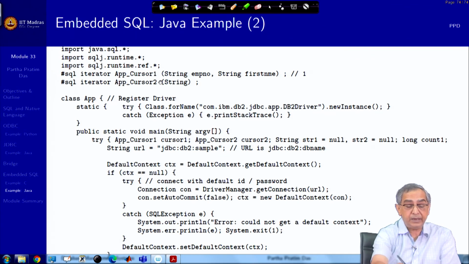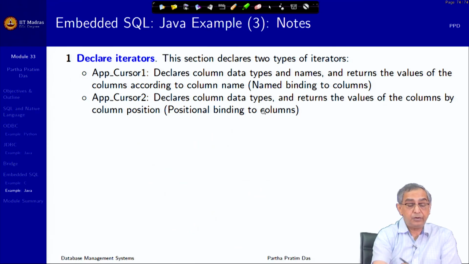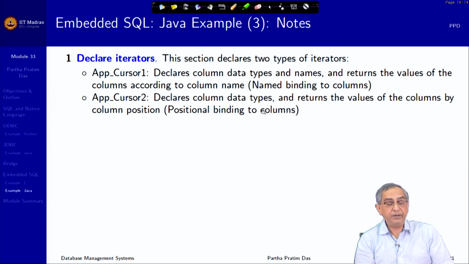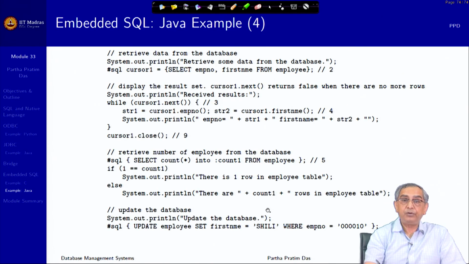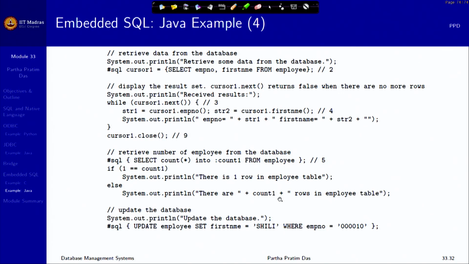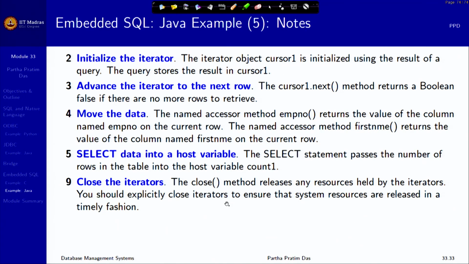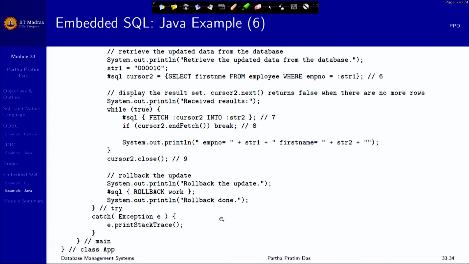One here is an application cursor. If you go to the next slide, you will find the explanation of what that step in embedded SQL is doing. In this way, it goes on. It is a little long to discuss in the lecture, but I have included it so that you can conveniently read through the code and look at the comments and get a complete feel of an application. I have used Java here just as a variant.